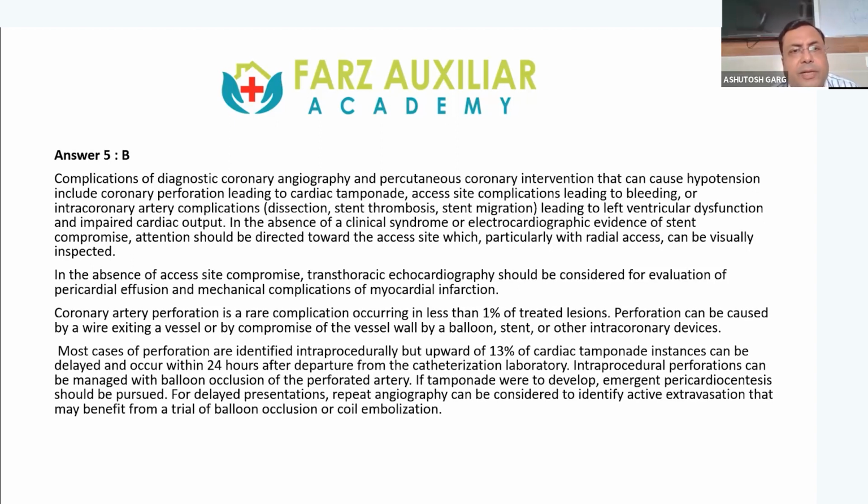So access site complication is not there. So in the absence of access site compromise, you have to choose between these 2 things. One is cardiac tamponade, another is intracoronary artery complication. So you have to go for the transthoracic echocardiography to see the pericardial effusion and mechanical complication of myocardial infarction.